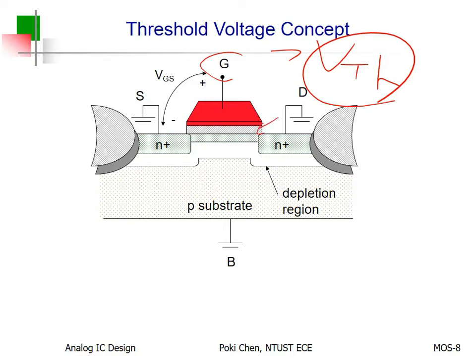To make the region again from intrinsic to N type, and you have N type, N type, and N type. So right now, it is conductive between source and drain. Okay? Then, how about the threshold voltage?